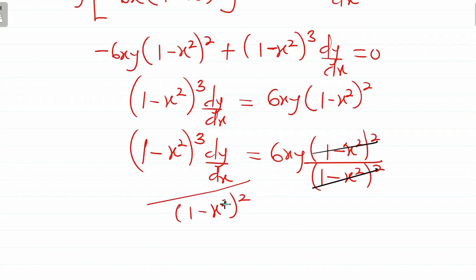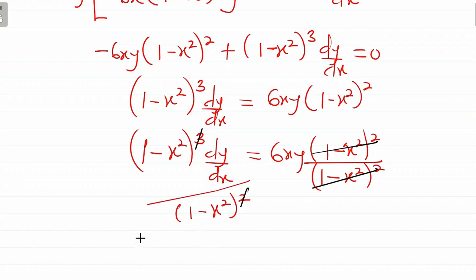And here we can see that (1 − x²)² can cancel that of (1 − x²)³, leaving the numerator (1 − x²). So these two will cancel that of this 3 to be left with one of (1 − x²).